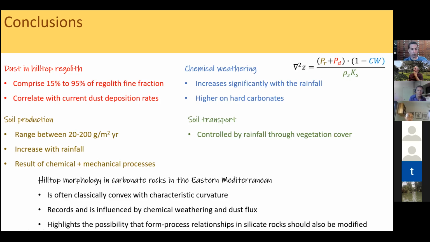And about the morphology of the hillslopes, we show that at least in our study sites in the Eastern Mediterranean, it's classically convex and it has a characteristic curvature value.